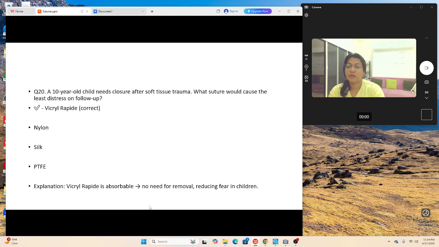So, explanation for this question is Vicryl Rapide is absorbable, so no need for removal, reducing fear in children, especially in trauma cases. You know, recently last Saturday I had a patient who had hit himself so badly with the edge of a table that his entire mucoperiosteum went up.